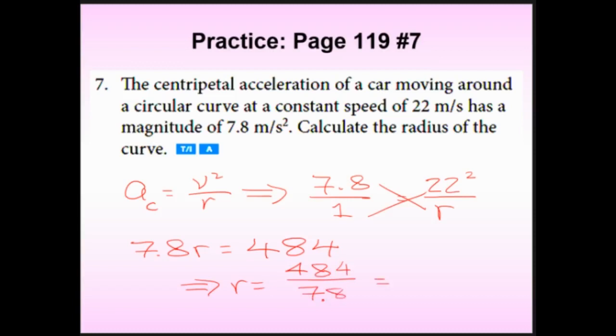Anyone? 60 something, 62. Okay. But 2 sig figs, so it's 62. In what unit? Just radius. Meters. It's a distance, not speed. 62 meters. Okay, one more.